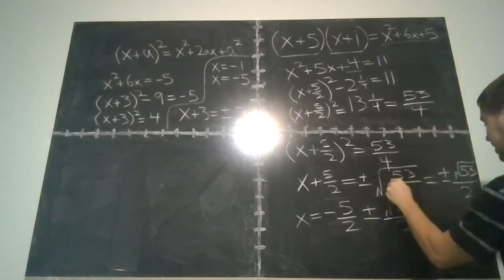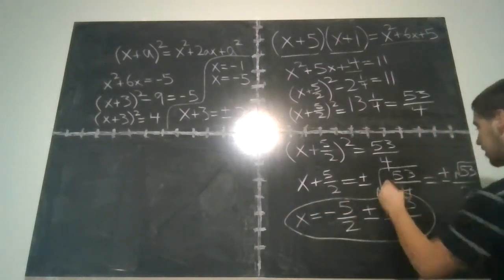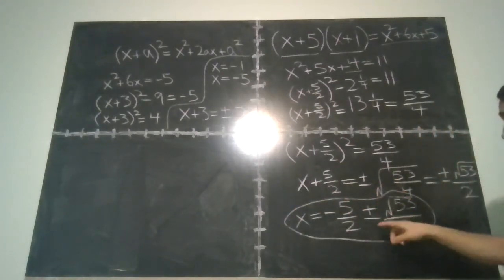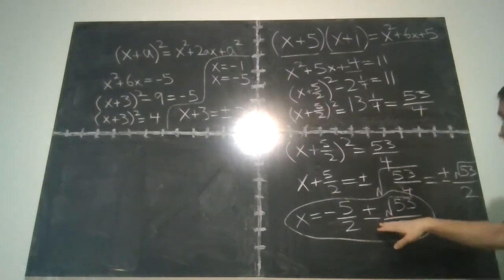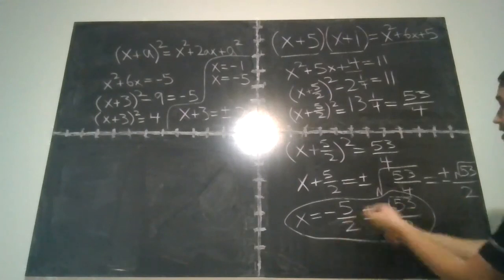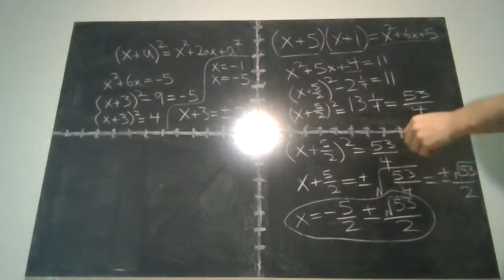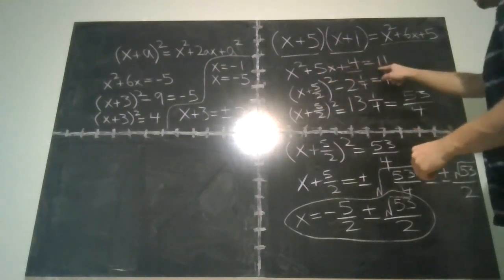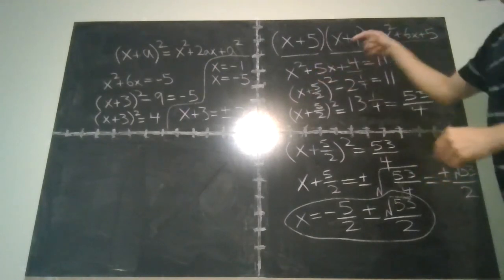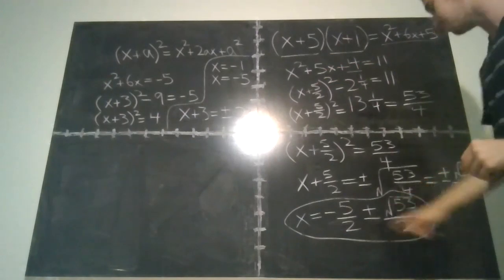And this may look like an unsatisfying answer, but if you actually went in and multiplied that all together, you would find that those, in fact, are the values that you multiply together to get the expression. Where did we start a moment ago? X squared plus 5x plus 4 equals 11. Or, if we move the 11 over, x squared plus 5x minus 7 equals 0. Those are the values that you would get.